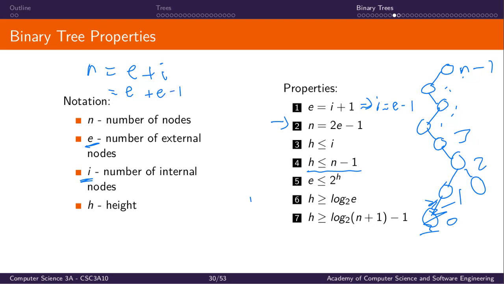If I then substitute that back in here, I get E plus E minus 1, which gives me property 2. As for property 1, the text does go through that, and it's simply that if we have a tree and we start removing nodes in pairs, in a child-parent pair, we can always, if that parent had another child, simply move that child up to where the parent was. So it now becomes the child of its grandparent.